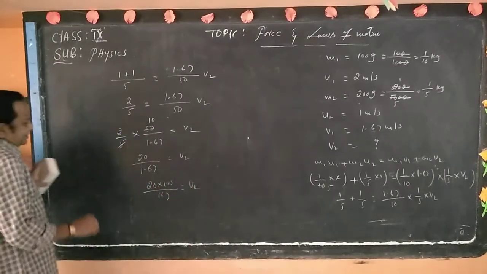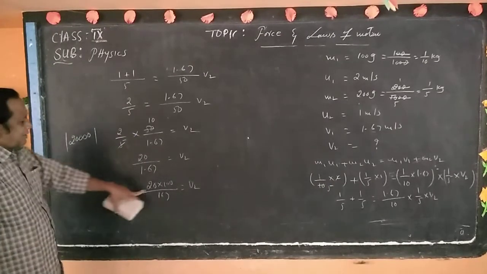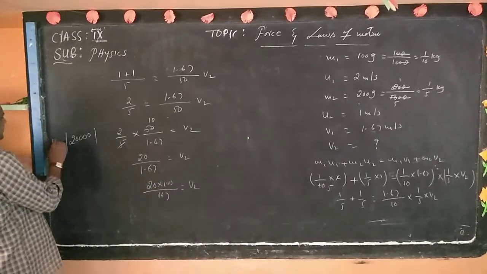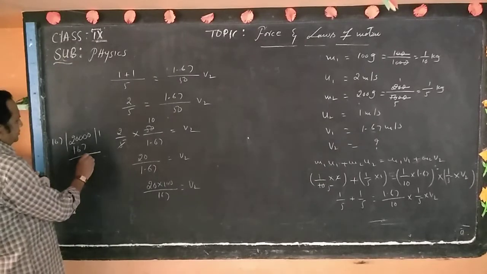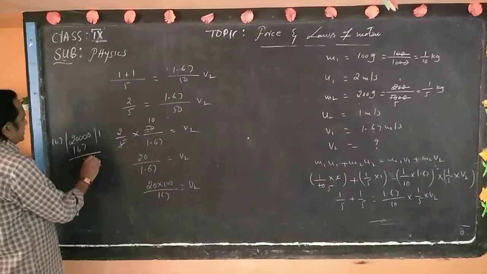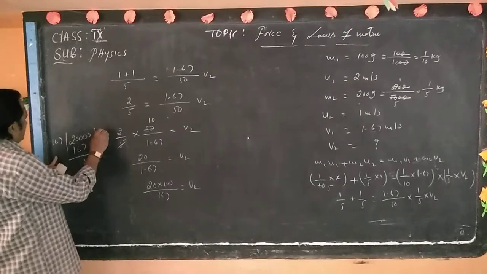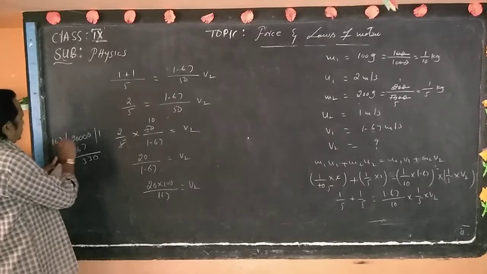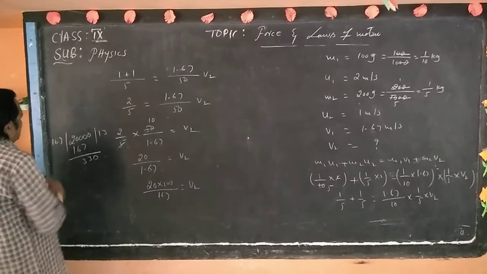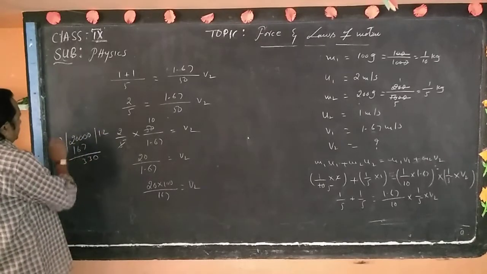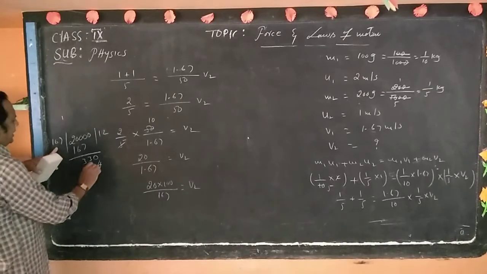Like that also we can consider. Now to divide 2000 by 167: one time 167. Three times does not go, so two times only. 2 sevens are 14, 2 sixes are 12, 13.